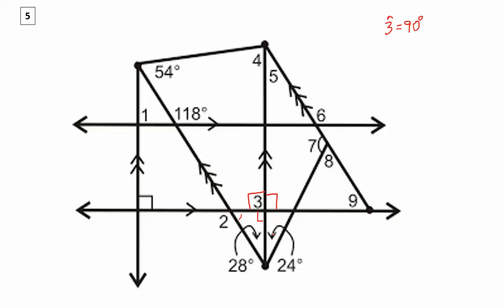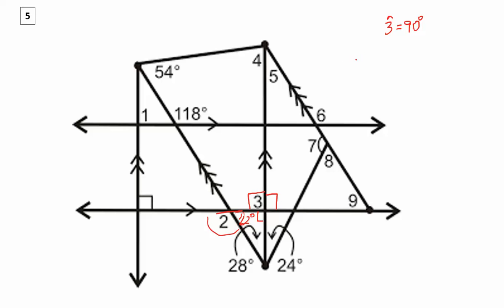So I have 118 degrees. I've got 180. Come on, 180 minus 118. That will make this angle here 62 degrees.